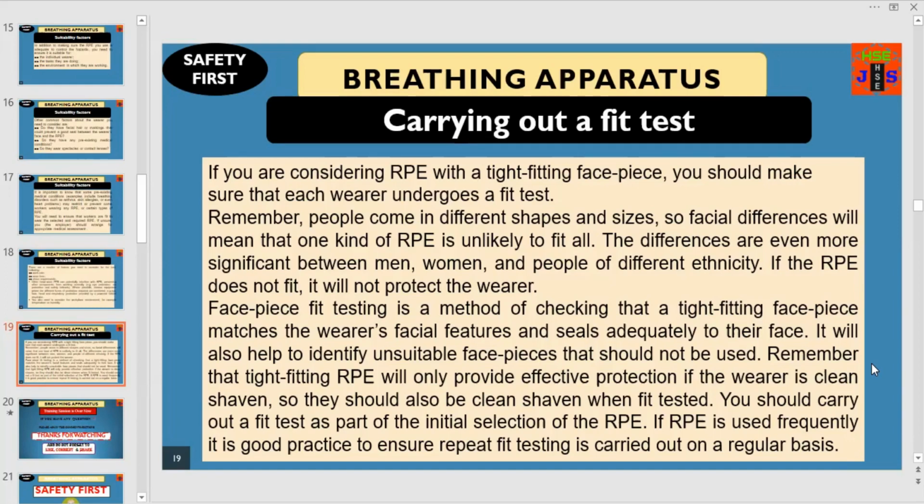Here the question is when to carry out a fit test. A fit test shall be carried out before wearing, and in normal practice, the organization or the management should make a schedule for drills and exercises.